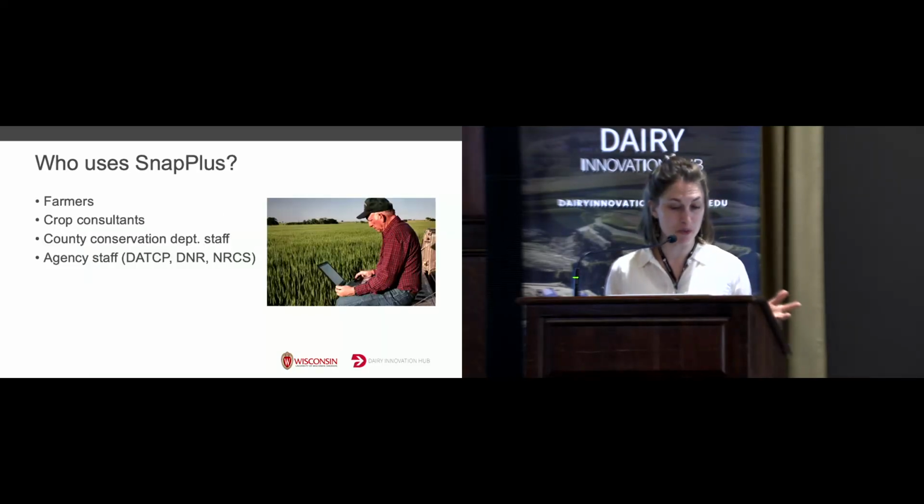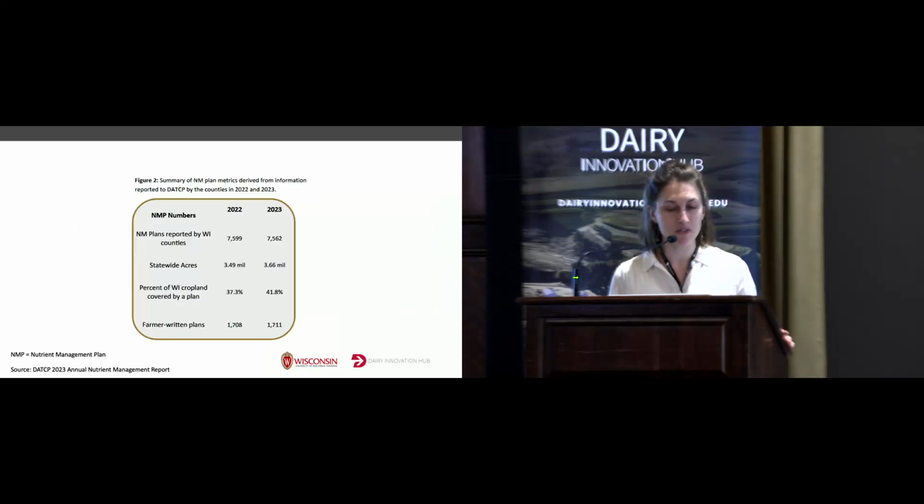So for nutrient management planning, some of the most common users of SnapPlus would be farmers and crop consultants. We have county conservation department staff who play a big role in nutrient management planning, and many other agency staff. And just to give you an idea of how many people are using SnapPlus, I'm showing some data here from DATCAP about nutrient management plans that were submitted to counties in 2022 and 2023.